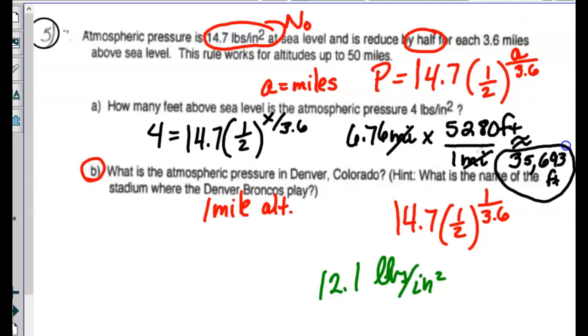So if you were to climb a mountain that's 36,000 feet tall, you would be at a pressure of only 4 pounds per square inch. I don't have a clue, so.